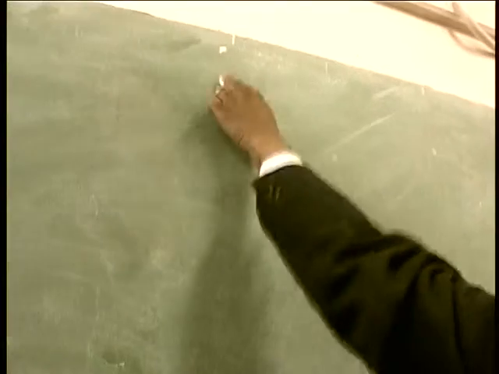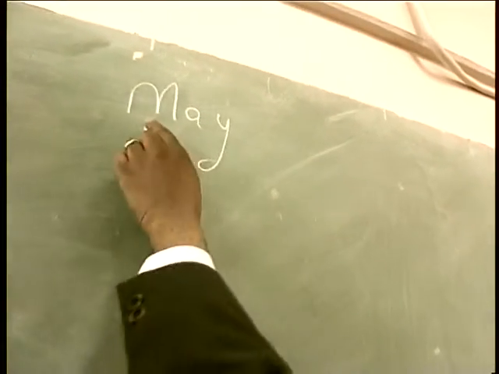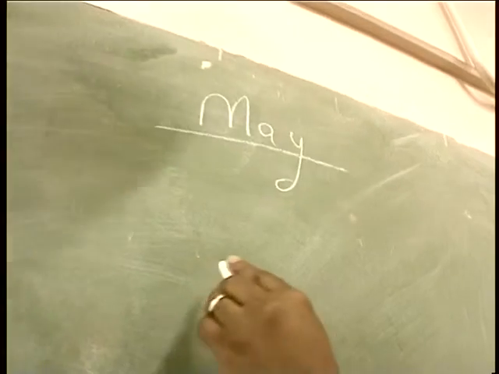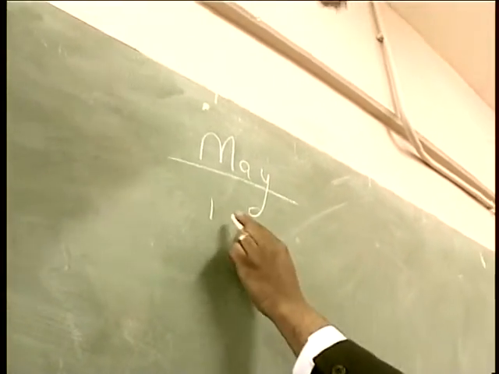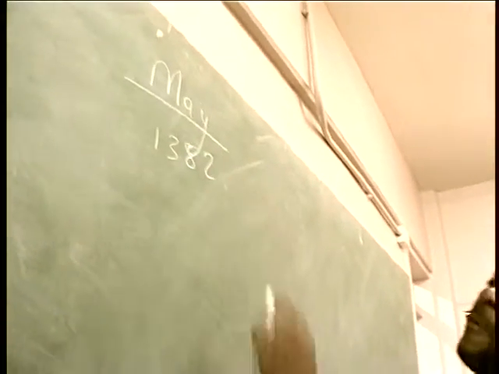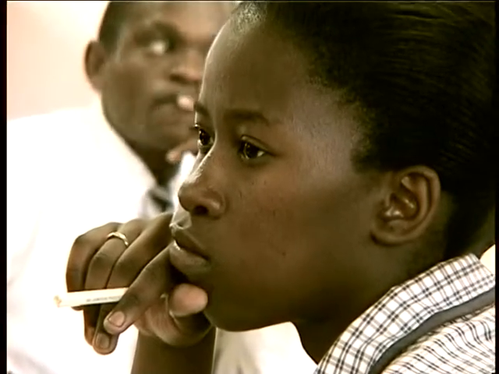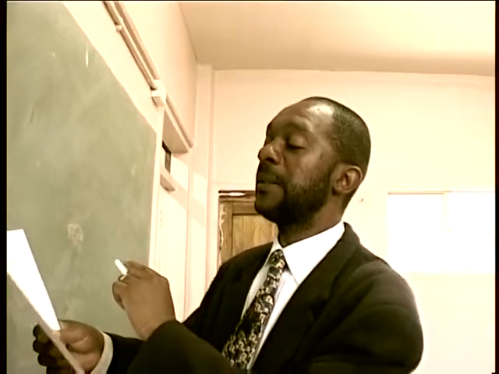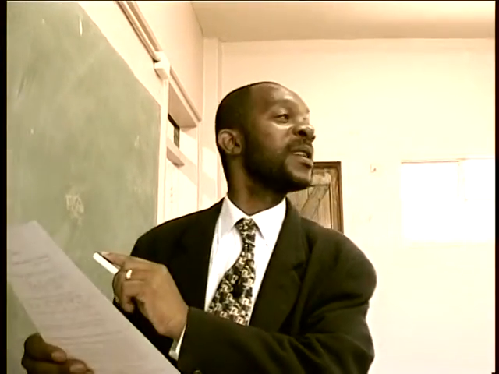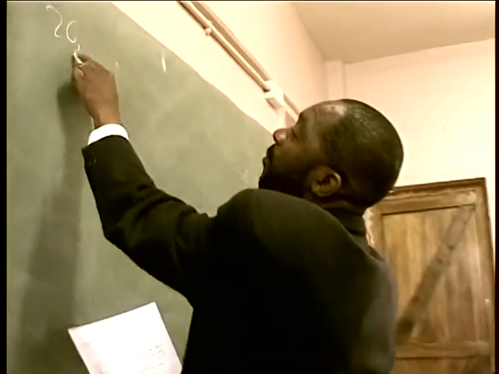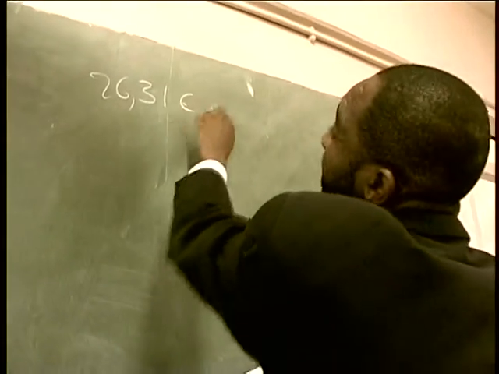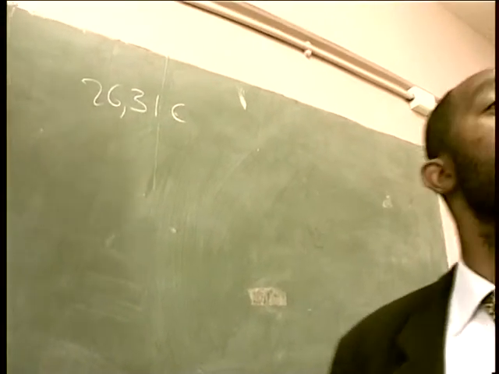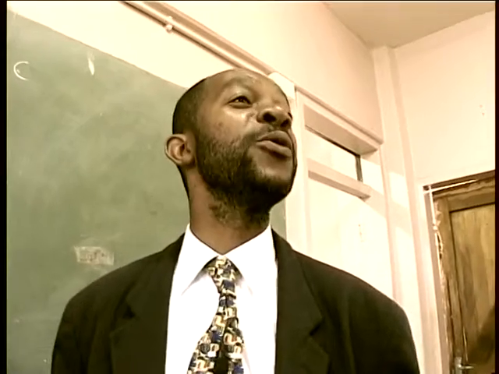Sipho helps the learners do the calculations for the first month. We have the electricity consumption as 1,382, that is in kilowatt hours. Then, when we look at that table, we have 26.31 cents, which is the amount payable per unit.